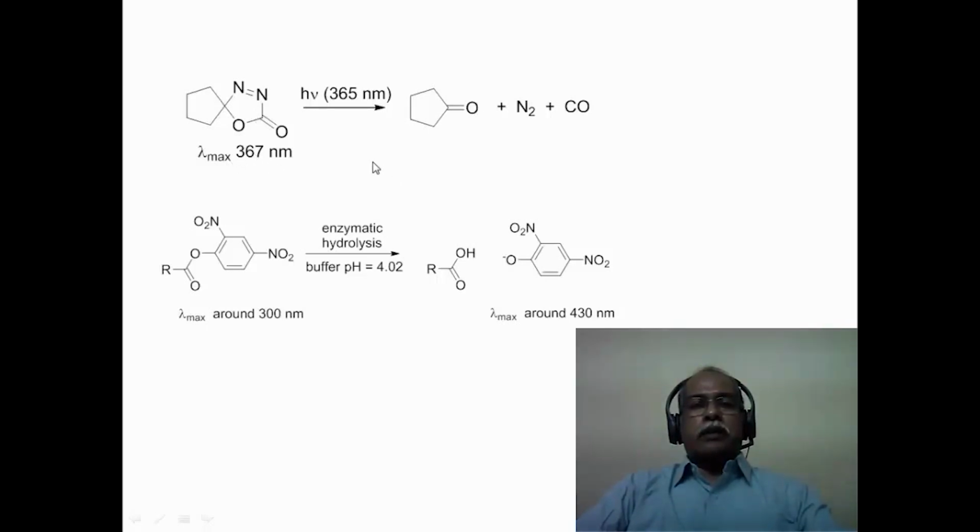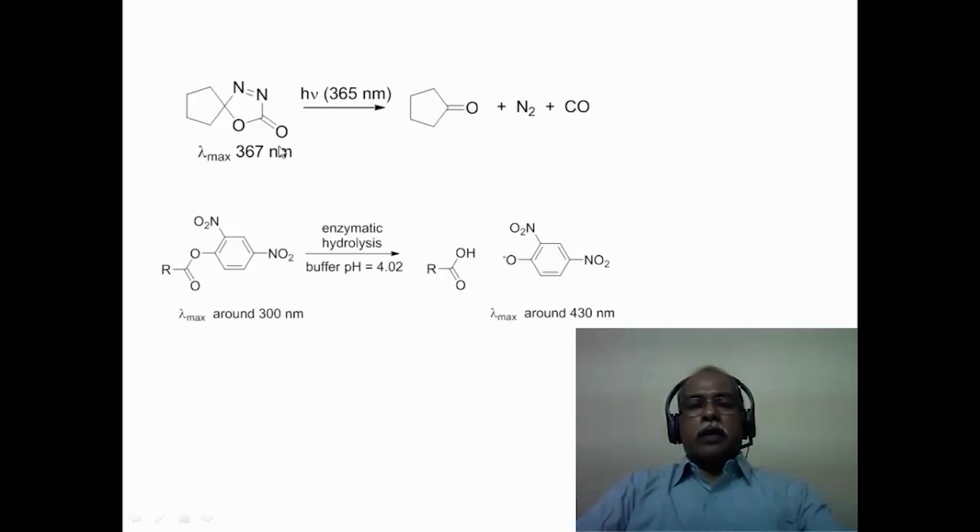When this molecule is irradiated with radiation of 365 nanometer, it essentially undergoes extrusion of a molecule of nitrogen and carbon monoxide to give cyclopentanone. Cyclopentanone does not have any absorption in the region where the starting material is absorbing. Cyclopentanone absorbs typically in the vacuum ultraviolet region, at less than 200 nanometers or so.